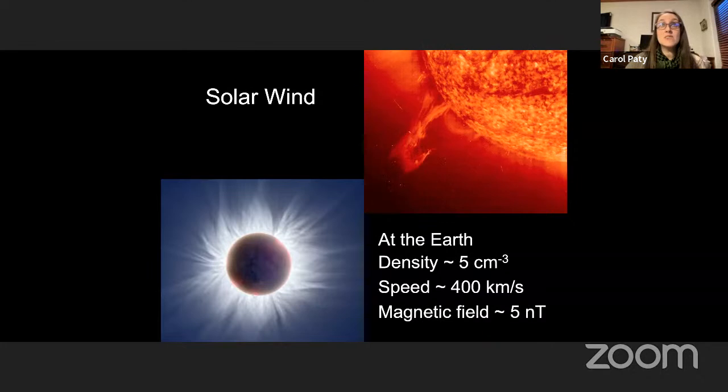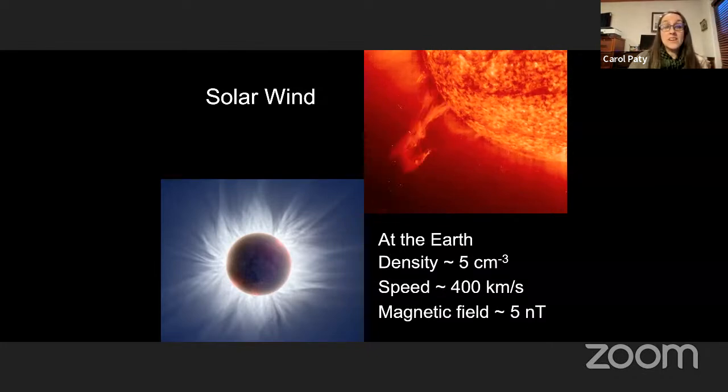And the magnetic field from the sun that it carries with it, that it's threaded with, because of the fact that it's a plasma, is about 5 nanoteslas. For scale, we're currently sitting at around 31,000 nanotesla at the surface of the Earth. You all might be in a slightly weaker field than I am because of magnetic latitude, but roughly 31,000 nanotesla.